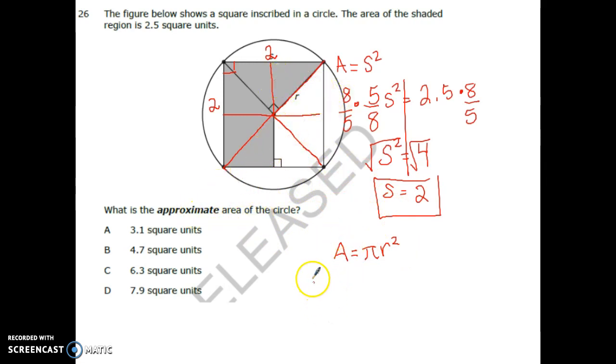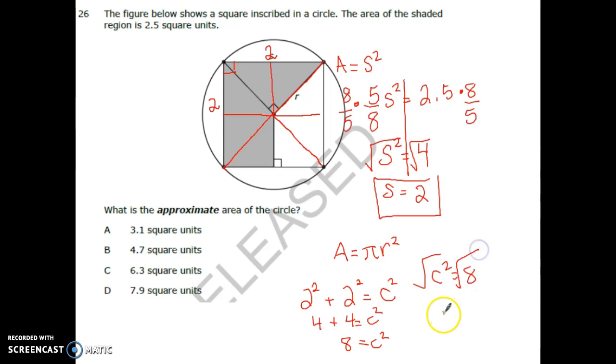So 2 squared plus 2 squared is equal to c squared. 2 squared is 4, plus 4 is equal to c squared, so 8 is equal to c squared. Then take the square root of that. C is approximately, and they look like they rounded to the nearest tenth, so the square root of 8 is 2.8.